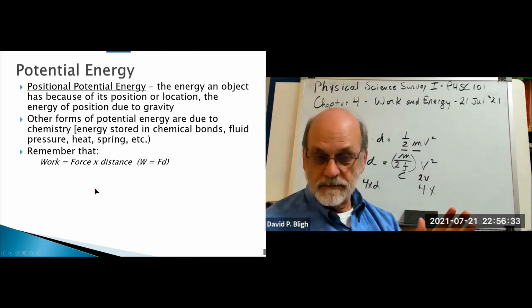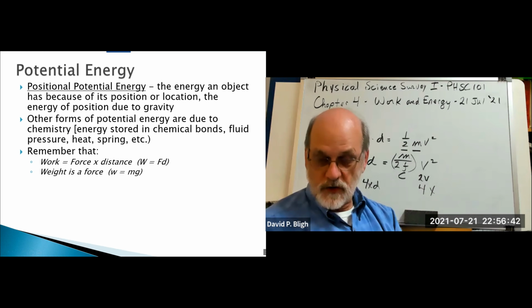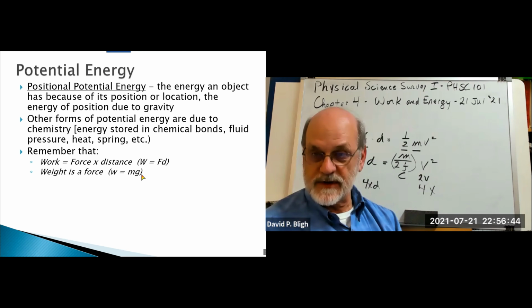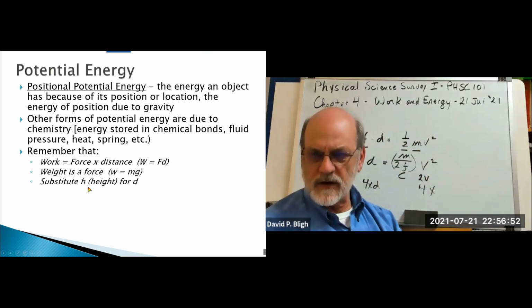Okay, just a reminder, if work is force times distance, and weight, the force due to gravity, is equal to mass times acceleration of gravity, then all we have to do is substitute the height, and we've done this calculation before. This is just a reminder.